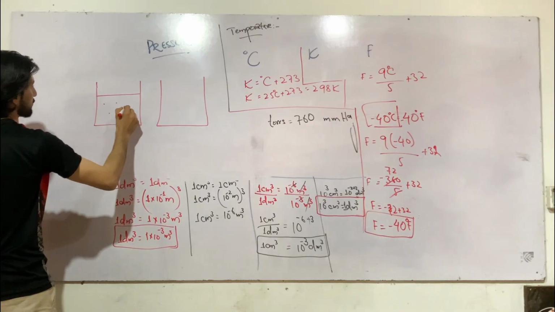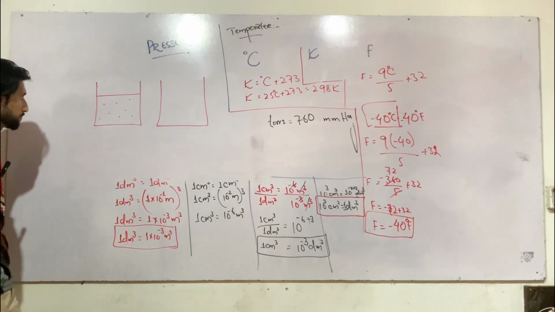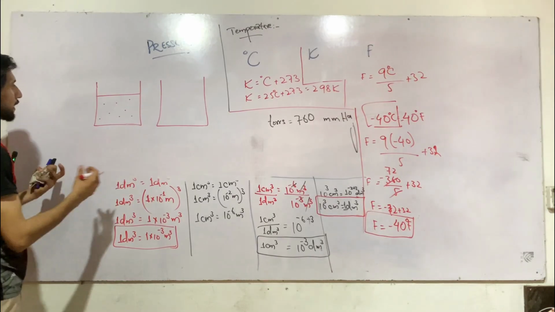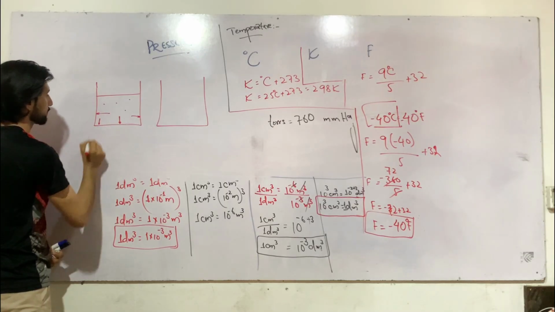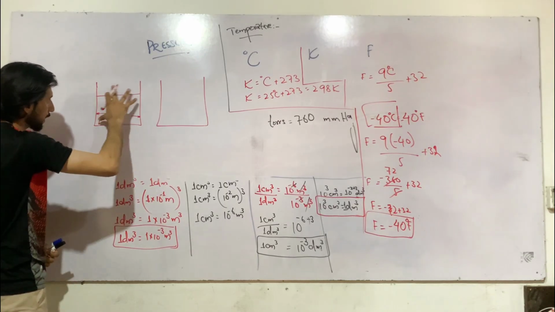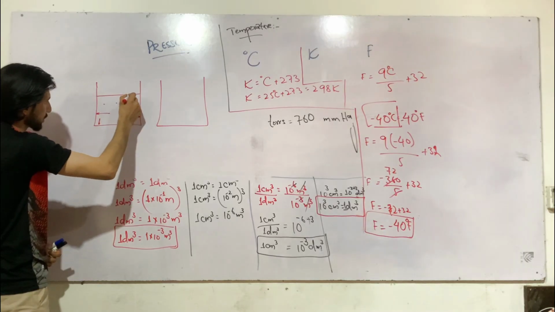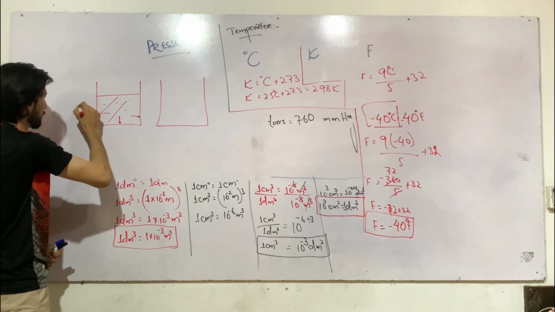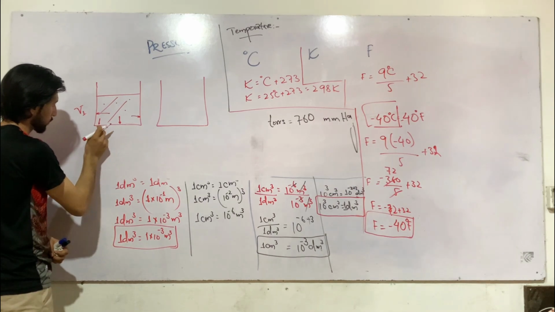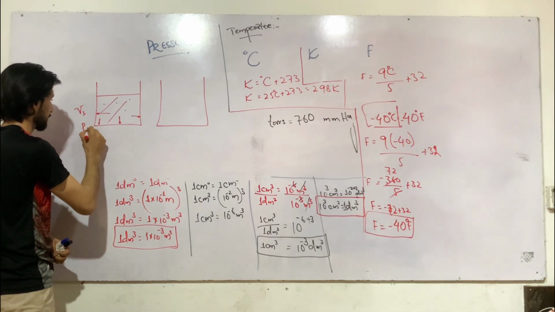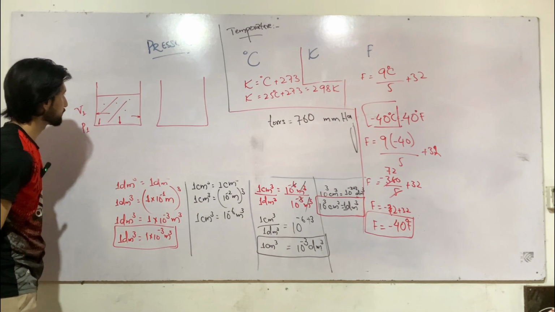Here I have some gas particles, suppose, and they are bumping into the walls of the container with some force. Okay, they are occupying some space to which I call volume. And the force per unit area, I call pressure, here it is P1.